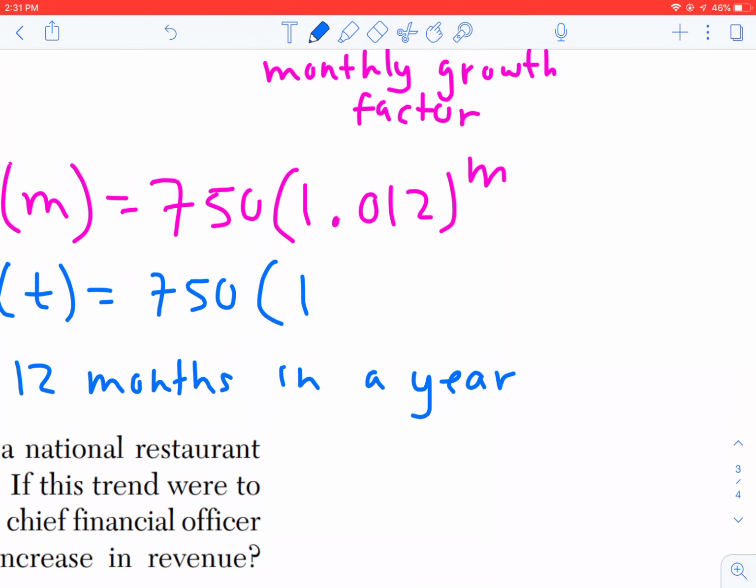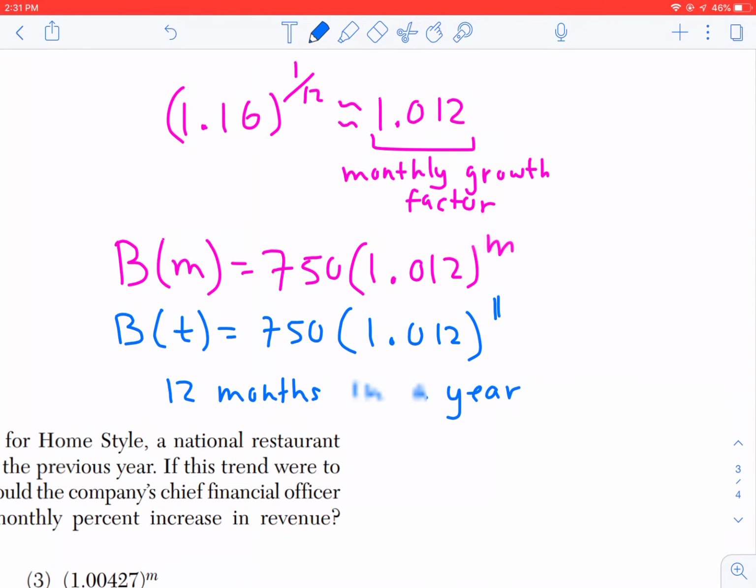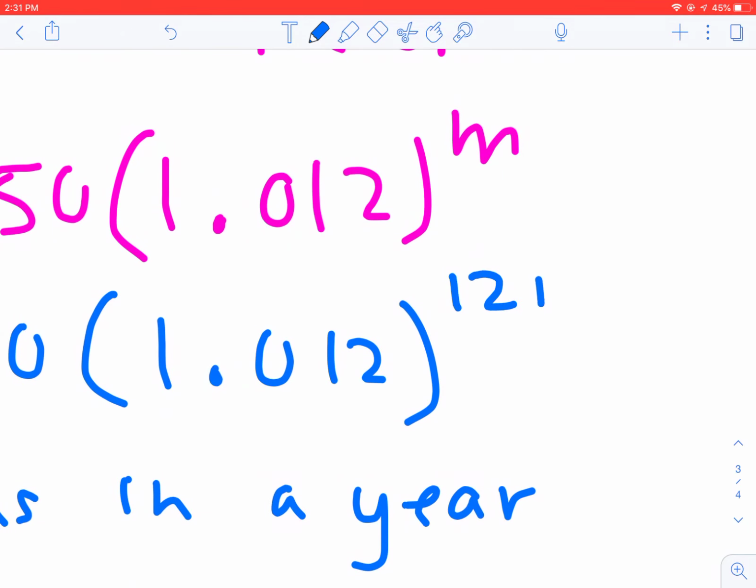So 1.012. So after 1 year, if I plug in a 1 here, for example, well, how many times did I actually multiply by 1.012? I multiplied by 1.012 12 times in 1 year, right? So this should actually be 12t.